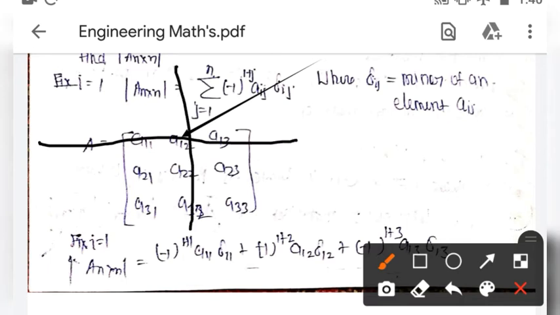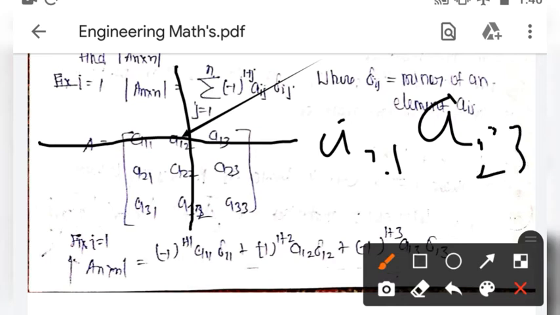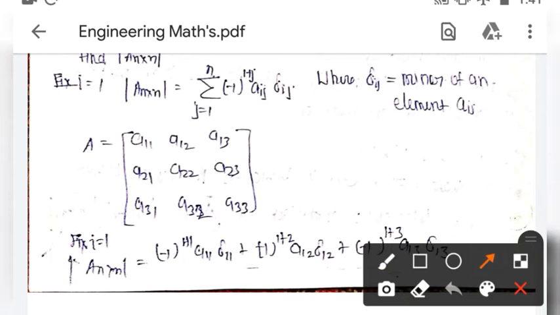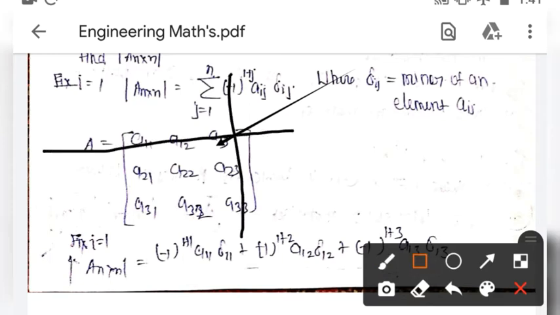What remains is a21, a23, a31 and a33, which is the minor of the element 12. Similarly, for the minor of the element 13, strike out the first row and the last column. This remaining matrix is the minor of the element 13.